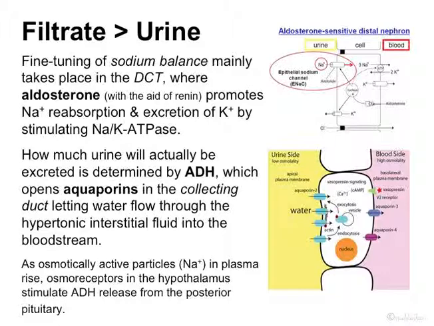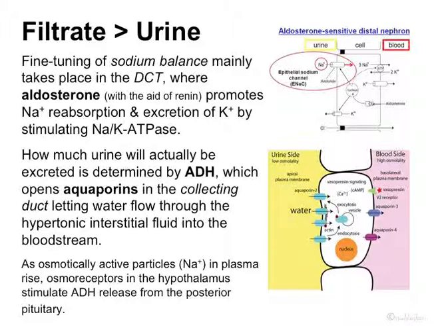But how much urine we actually excrete is more finely tuned through ADH, the antidiuretic hormone. That comes from the anterior pituitary gland. If you remember, we had the pituitary gland in the endocrine system. The antidiuretic hormone, which I call the anti-P hormone, which makes it easier for me to understand the processes, opens aquaporins in the collecting duct.